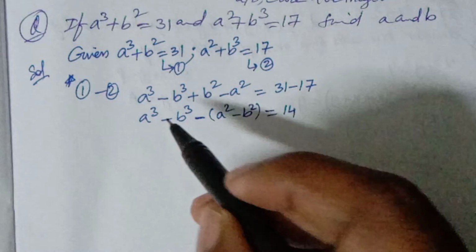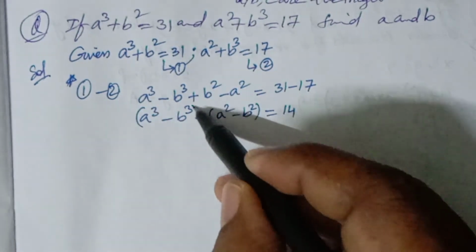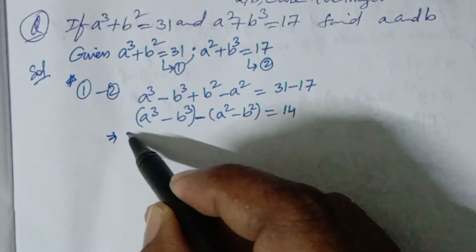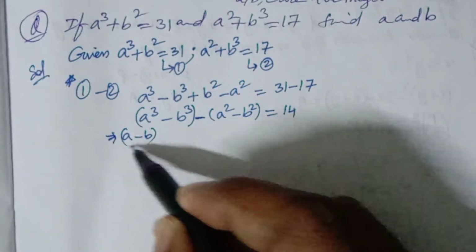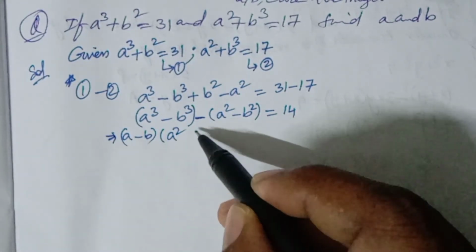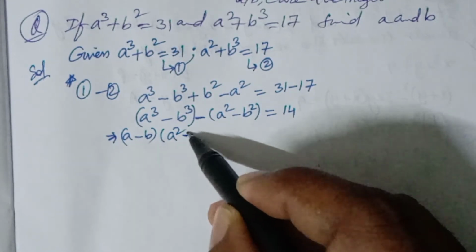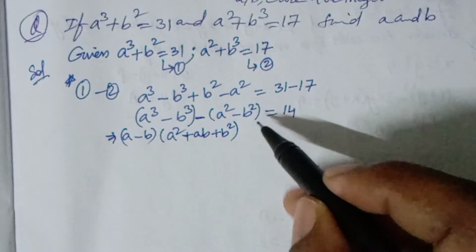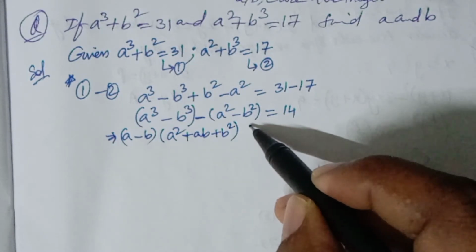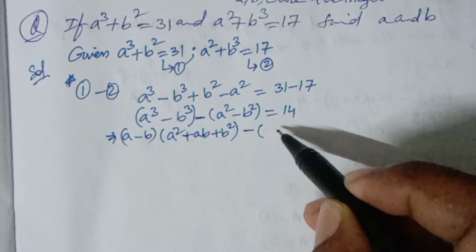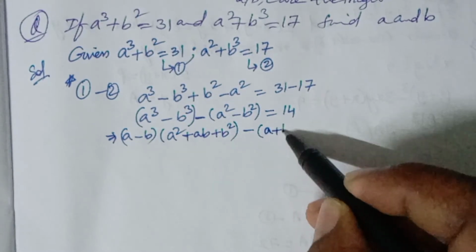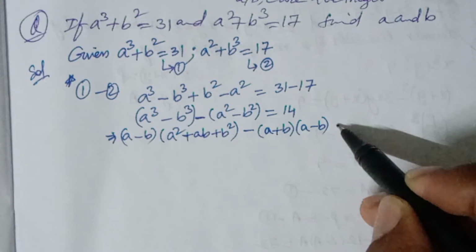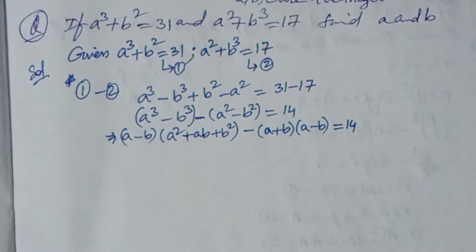So here a cube minus b cube formula is a minus b into a square plus ab plus b square, and next a square minus b square can be written as a plus b into a minus b, that is equal to 14.